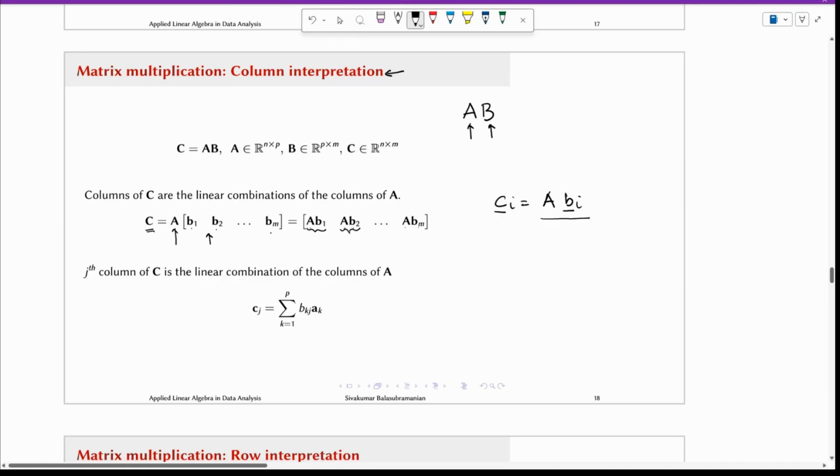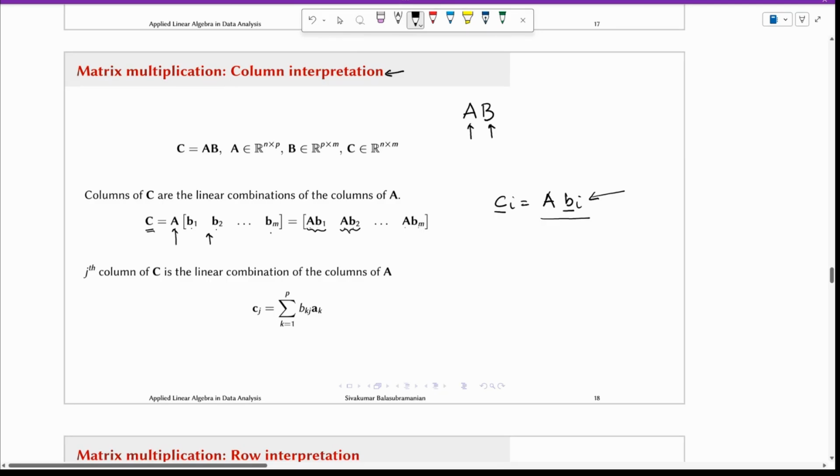That means one interpretation of matrix multiplication is, when you do C equals AB, the ith column of C is essentially a linear combination of the columns of A, and the mixture for that linear combination comes from the ith column of B. That's exactly what I've stated here.